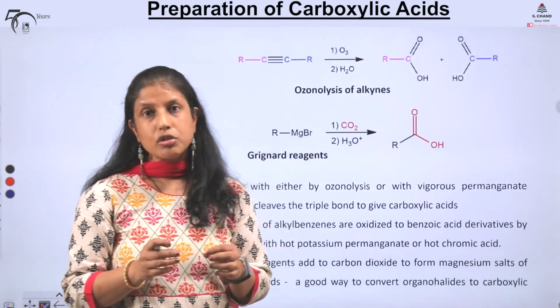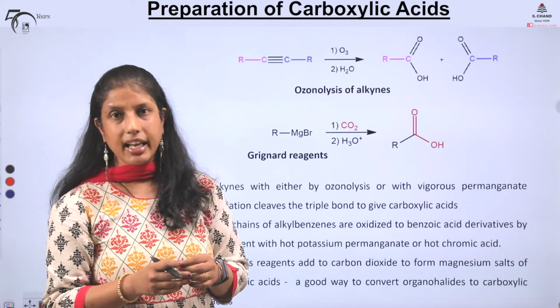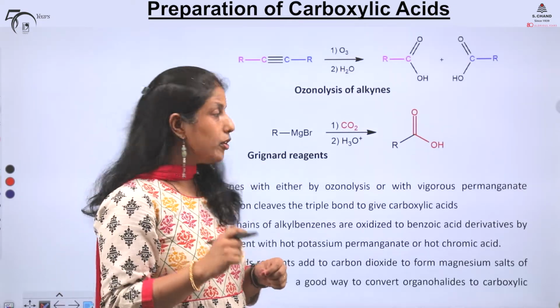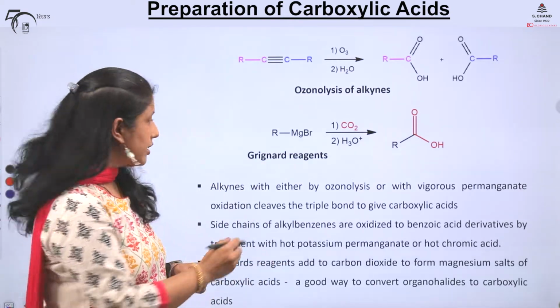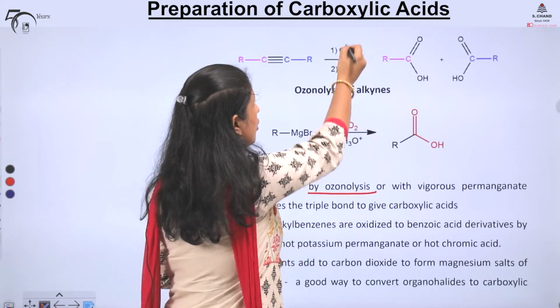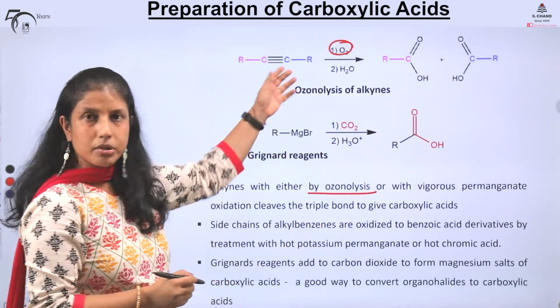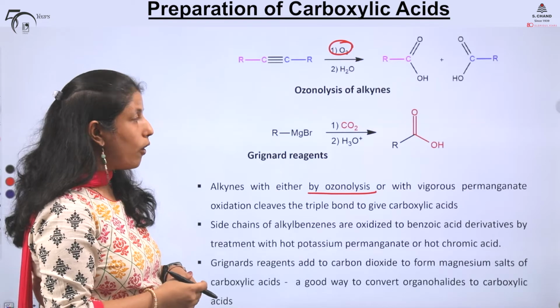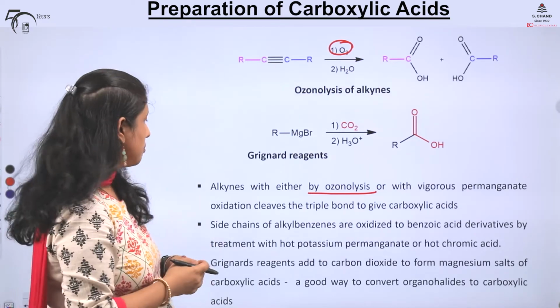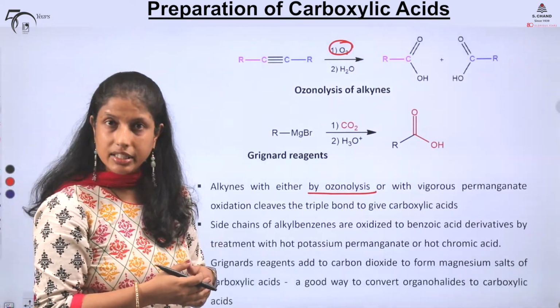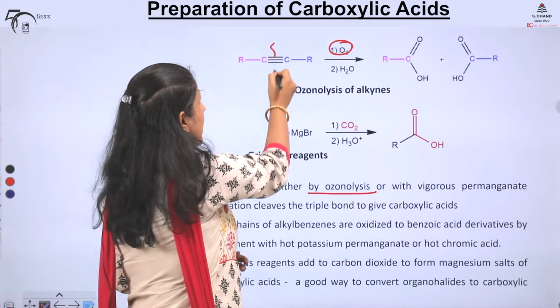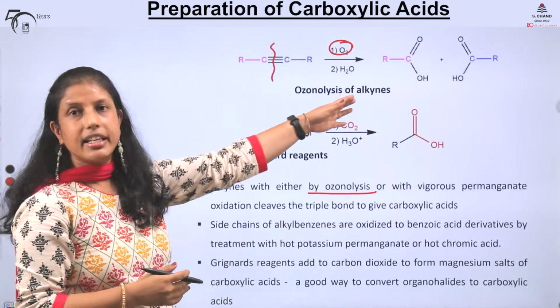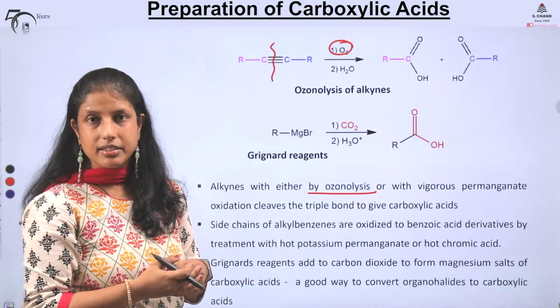Alkynes are also a source of carboxylic acids. How? If you remember, either by ozonolysis followed by hydrolysis or with vigorous potassium permanganate oxidation conditions, the alkynes cleave and they give us our carboxylic acids.